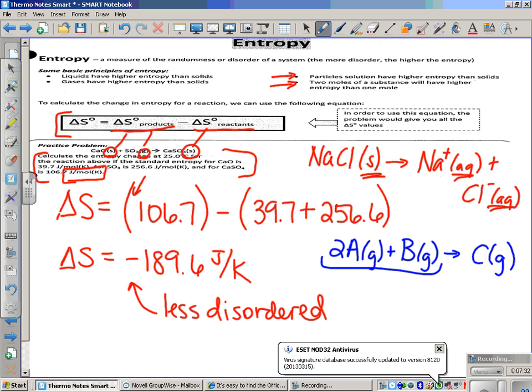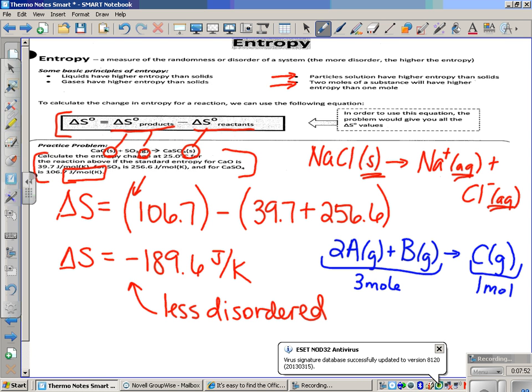Okay, so all gases, we can't tell entropy based on the phase, but we have 3 moles turning into 1 mole. So that is becoming less disordered. Those particles as 1 mole don't exert as much chaos. So the entropy change for this one would have been negative.